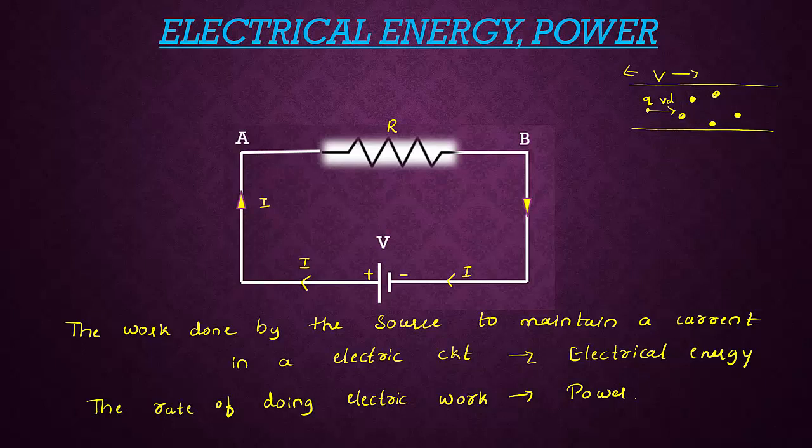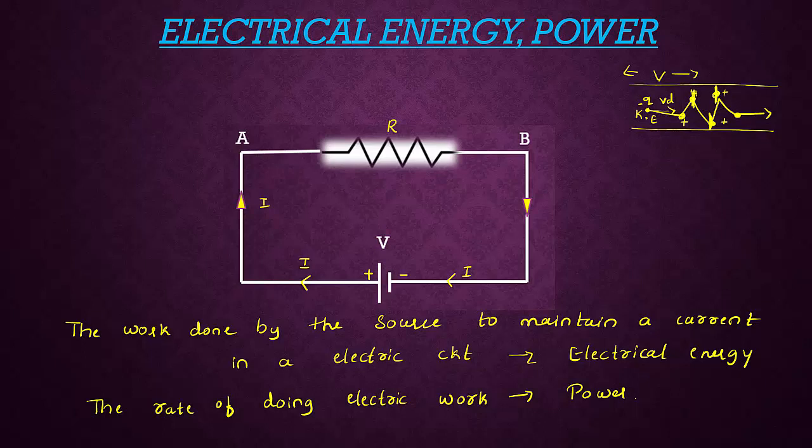During its motion, it collides with these positive ions. When it collides, the kinetic energy of this electron is shared with the positive ion. When the positive ion gets this kinetic energy, it starts to vibrate about its mean position.